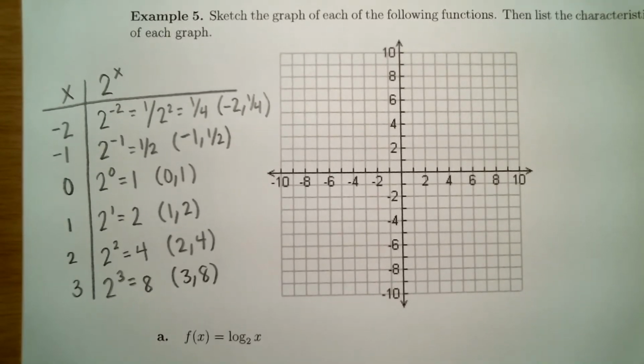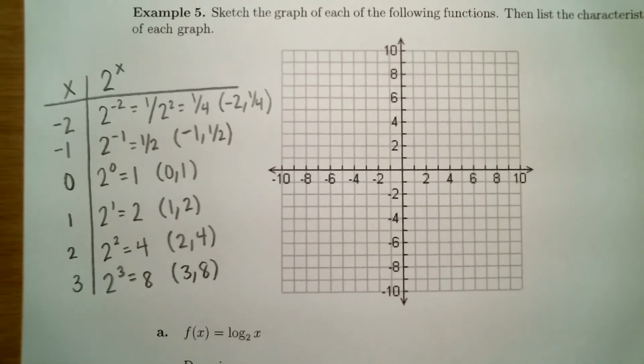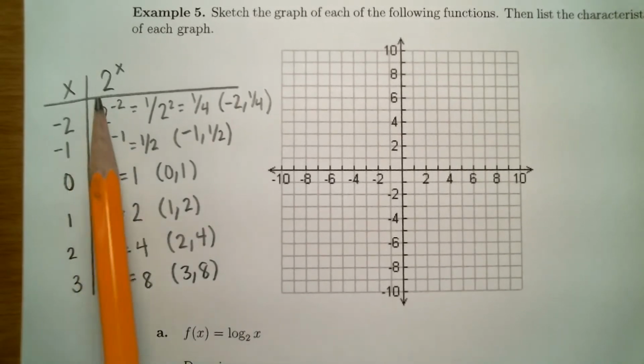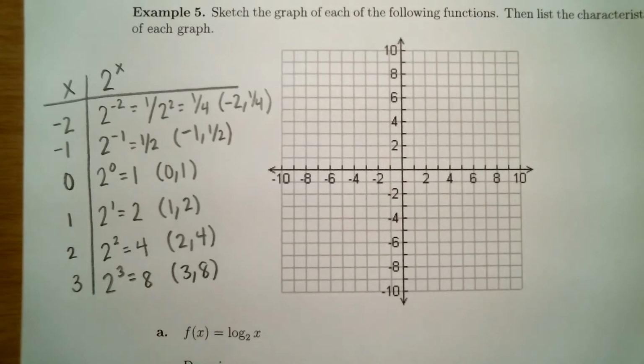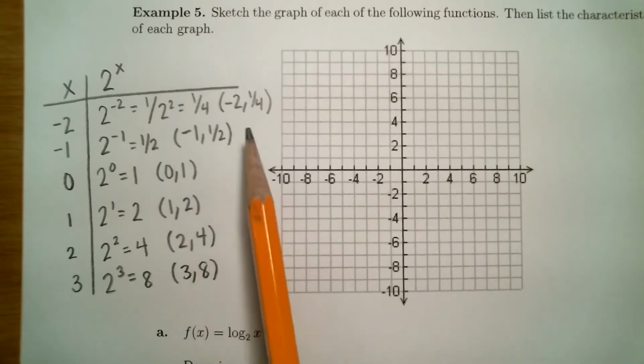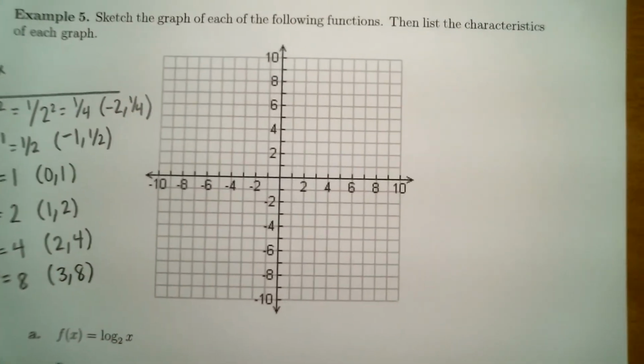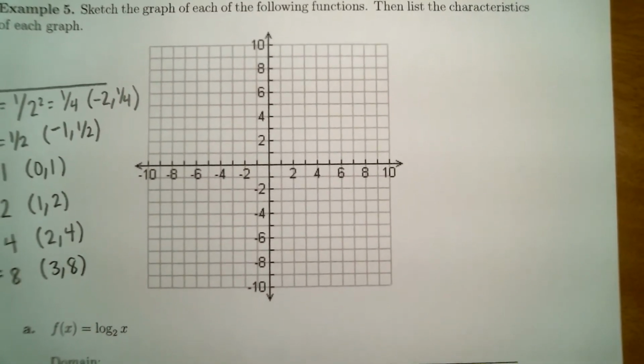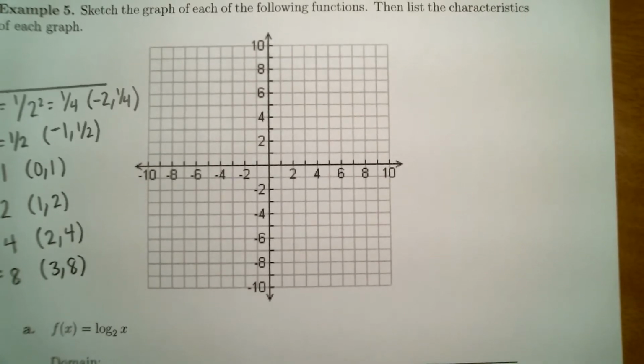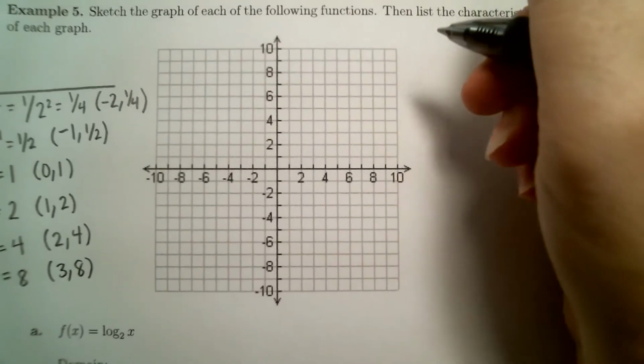We are after the graph of log base 2 of x, and what you need to keep in mind is that 2 to the x and log base 2 of x are inverse functions. So remember, how do you graph an inverse function? You switch x and y. I'm going to list out the points on the graph of log base 2 of x.